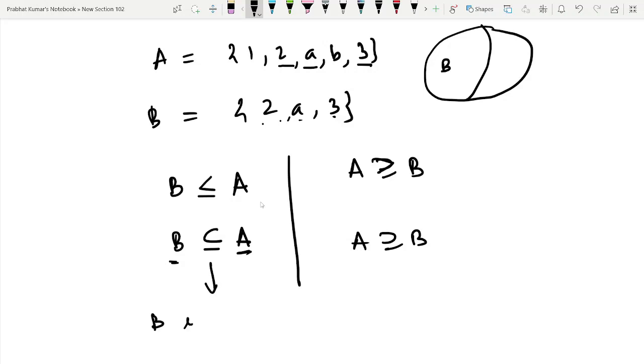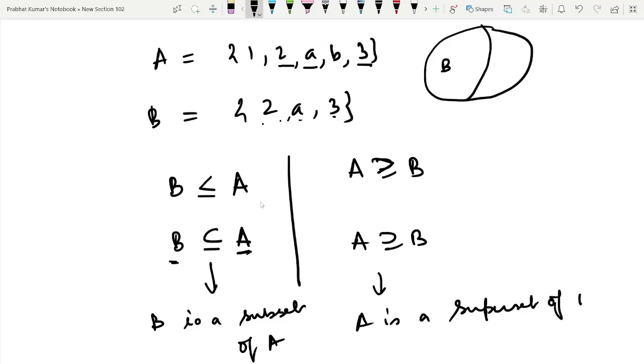This is read as B is a subset of A, and this is read as A is a superset of B. B is a subset of A means the elements of B are in A, and maybe A has some extra. A is the superset of B means A contains all the elements of B and maybe some extra.